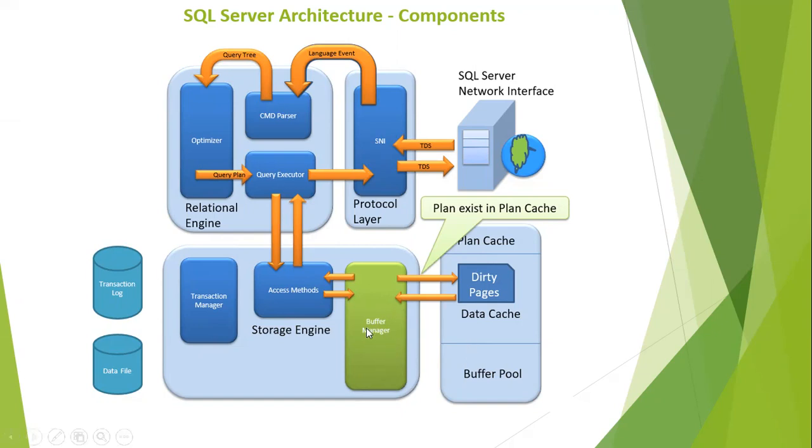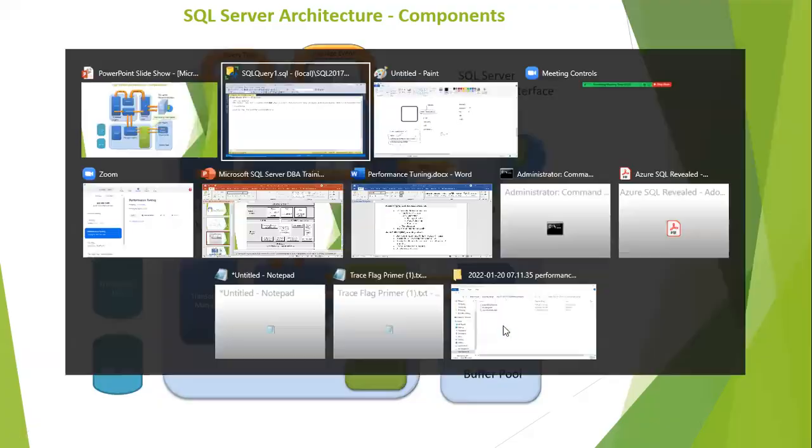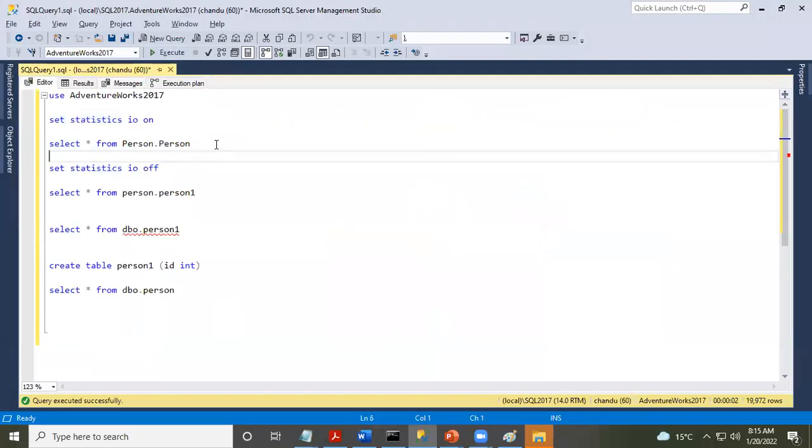What the buffer manager does is check whether the pages are available in the data cache or not. The data cache is where we store the pages to read the data. If the pages are only on the disk, we will not execute this query and will not get the data.